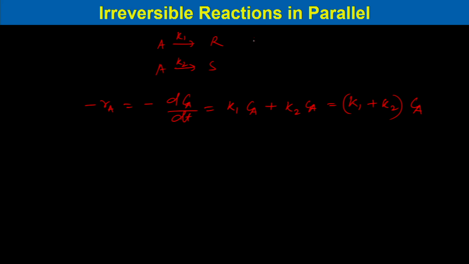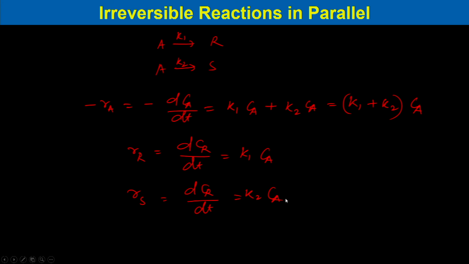Similarly, we can write for the formation of R and S. So, r_R would be dC_R/dt, which is equal to k1 C_A, and r_S would be dC_S/dt, which is equal to k2 C_A. So, these are the three rate expressions: one for the reactant, and the other two for the products.